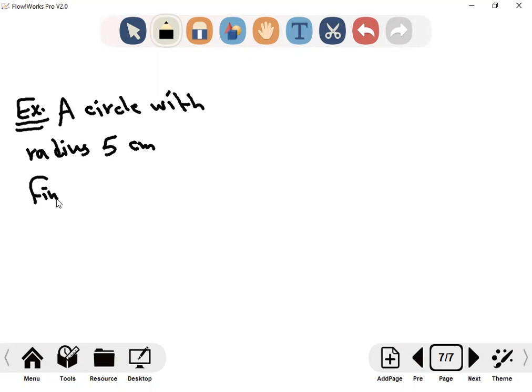Find its area and its circumference. Okay, here the radius is given, right? Here radius is given.